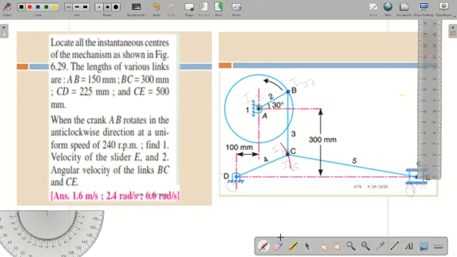Take your pencil and draw the line like this.